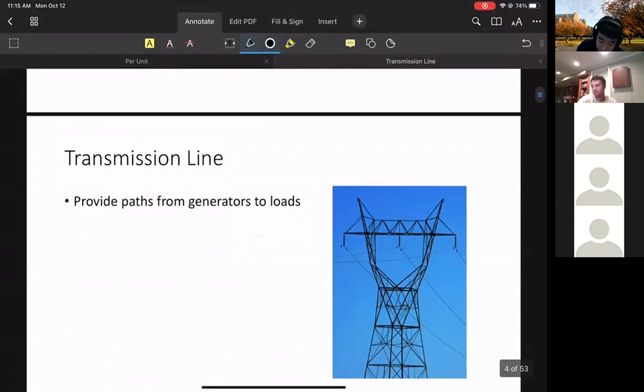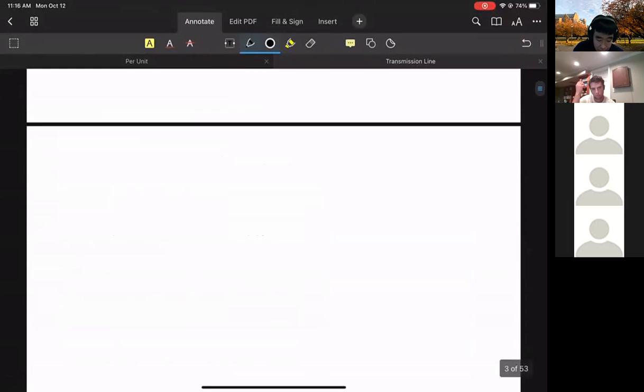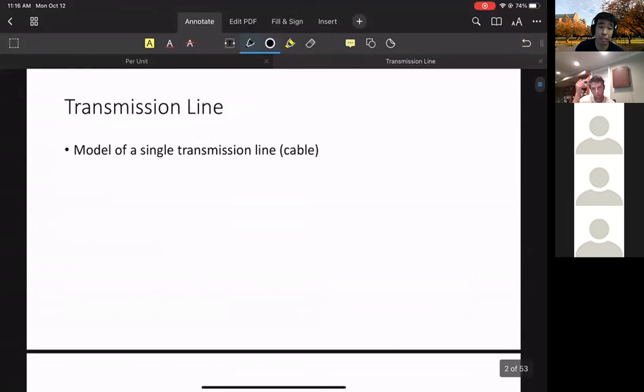This is its own physical system. This is not a wire. A transmission line, being high voltage and high power, doesn't really look like a wire. So our goal is, at the end of these 1.5 lectures, we'll pretend the transmission line is the following thing. Okay, we'll pretend the transmission line is this.